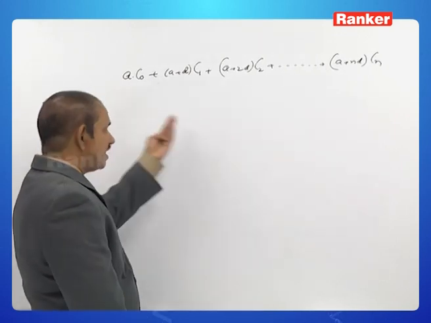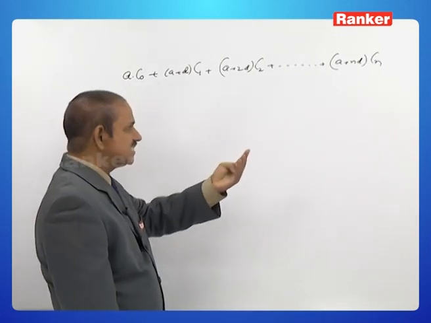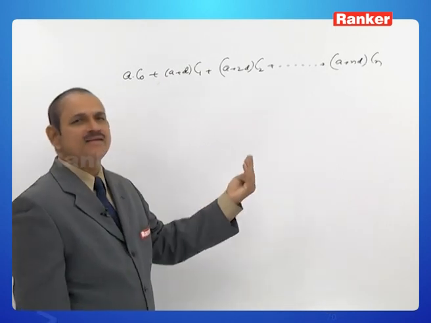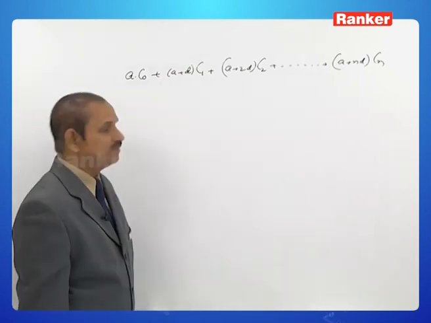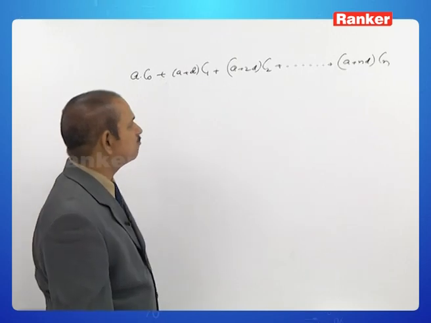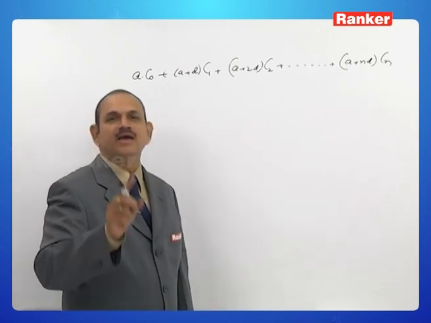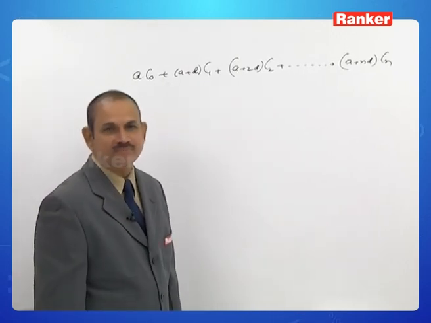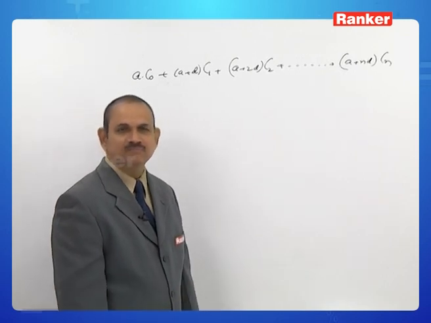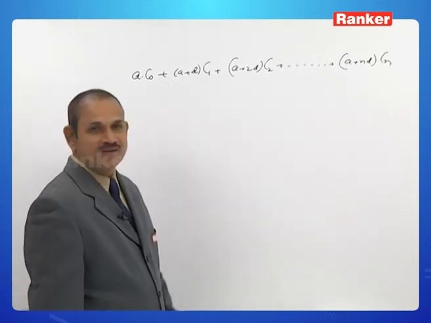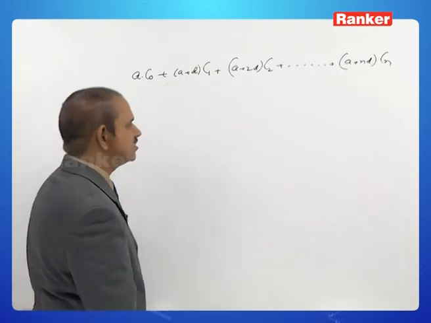Please observe all the coefficients which lie beside the binomial coefficients: a plus d, a plus 2d and so on, up to a plus nd. They are in AP, isn't it? We are now ready to obtain this sum. Of course, it's very simple.